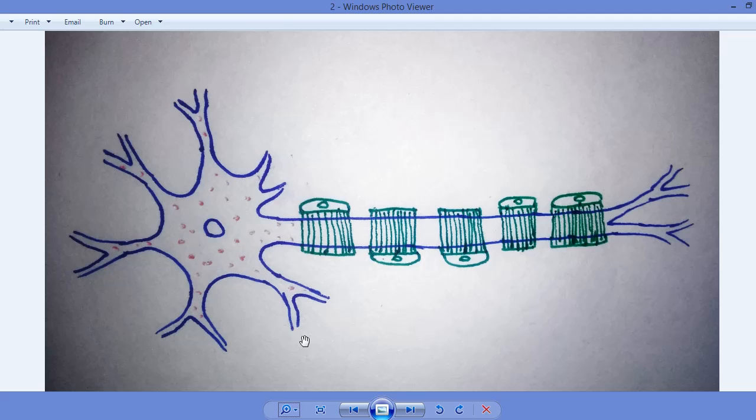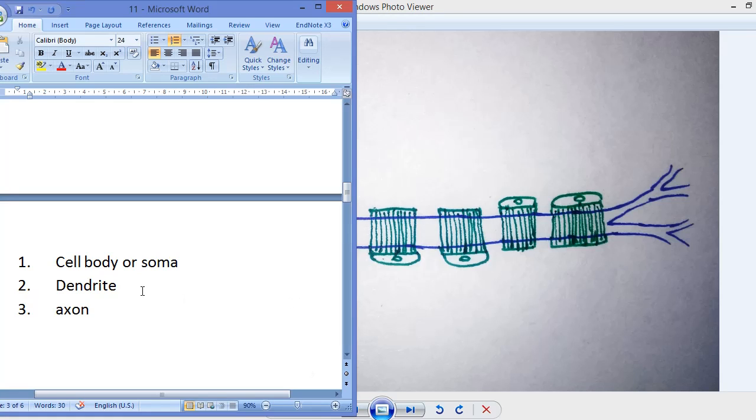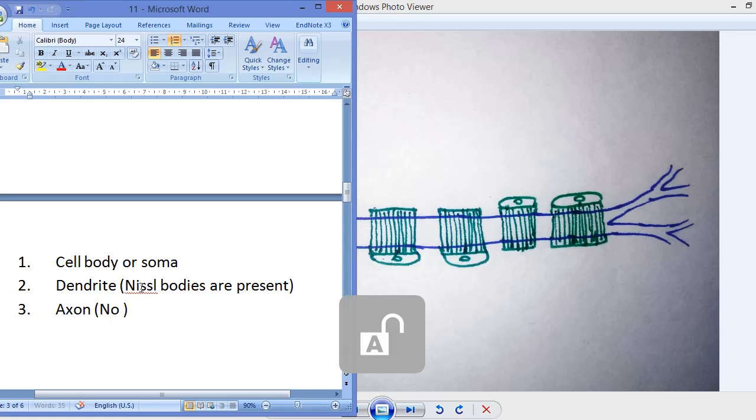Nissl bodies are always present, while the axon does not have any Nissl body. No Nissl body.